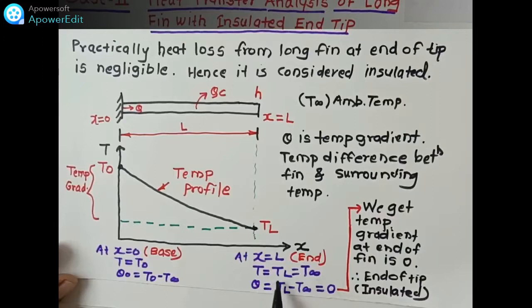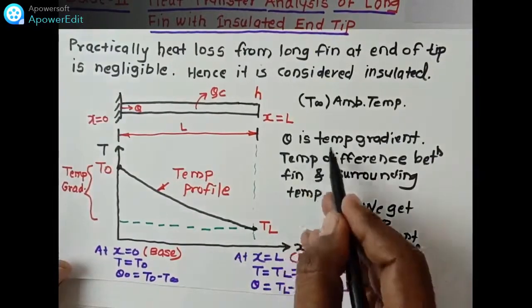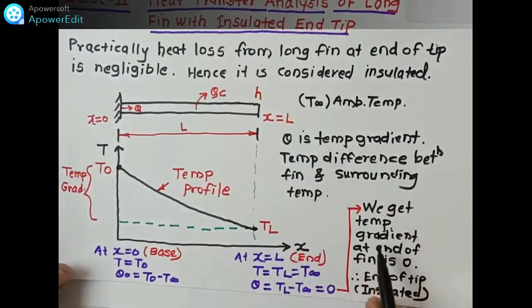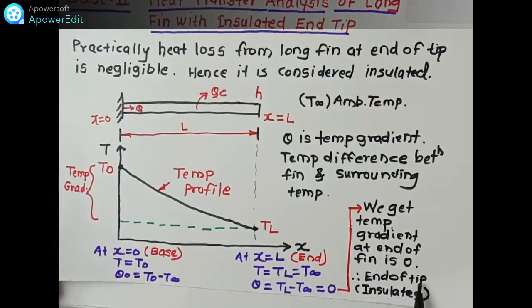So that's why here theta is equal to TL, the fin surface temperature, minus T infinity, the ambient temperature, that becomes 0. Means here theta, the temperature gradient, we get at the end of the fin as 0, and that's why the end tip of the fin is considered as insulated.